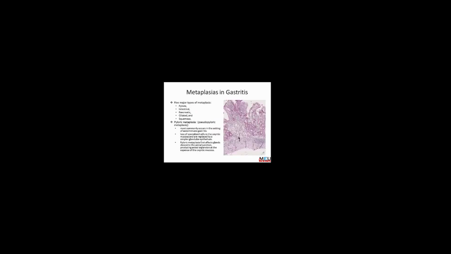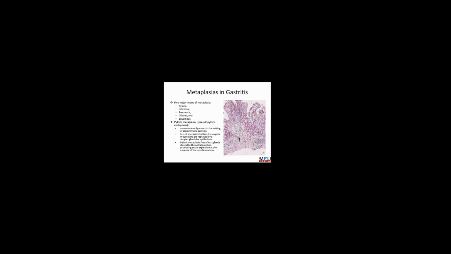Now, metaplasia in gastritis: there are basically 5 major types of metaplasia, that is the pyloric, intestinal, pancreatic, ciliated, and squamous metaplasia. Pyloric metaplasia, also known as pseudopyloric metaplasia, most commonly occurs in the setting of autoimmune gastritis, that is when there is a non-Helicobacter pylori type of gastritis.